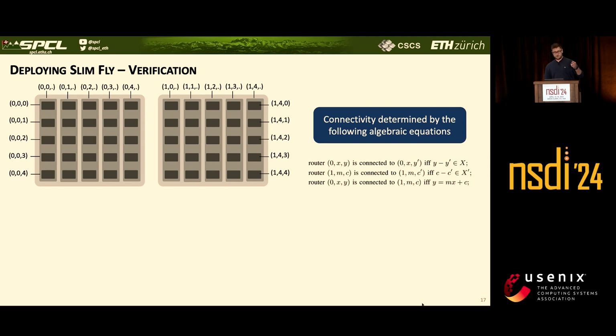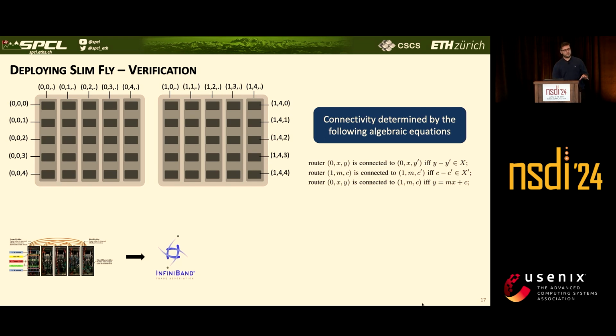The first two determine the intra-group connections, so within a group, how they are connected, and then the third equation determines how switches or routers are connected between the 2 subgraphs, right? And you can plug this in and combine it with the output of the InfiniBand subnet manager. So while you're deploying the cluster and run the subnet manager on one of the nodes, you can use the InfiniBand tools to query for the current state of the network. This will automatically tell you which ports are connected to what other ports and tell you the entire connectivity.